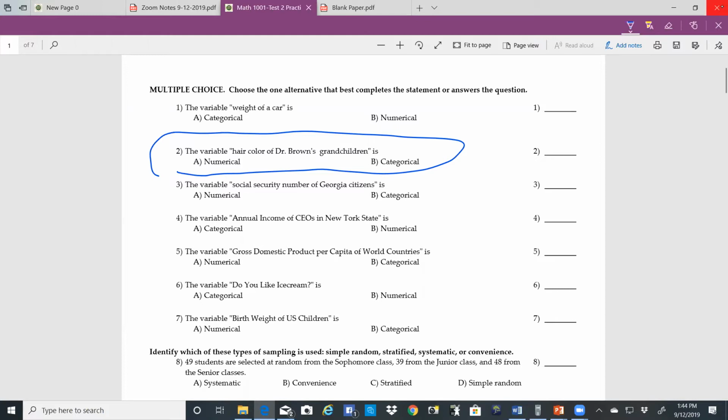Somebody has watched the video, I'm sure, right? Miranda? Corey? Is it categorical? Right, it's categorical. The weight of a car is numerical. The variable, do you like ice cream, is categorical.